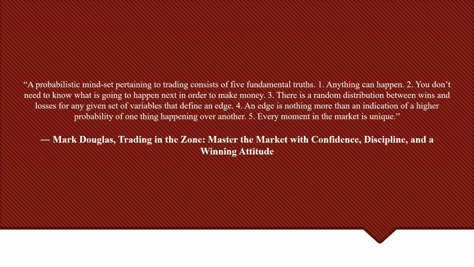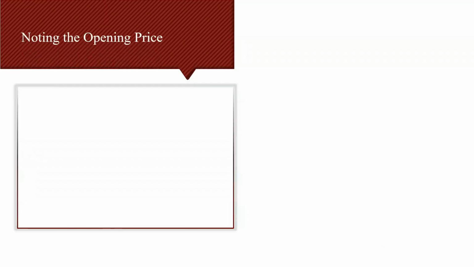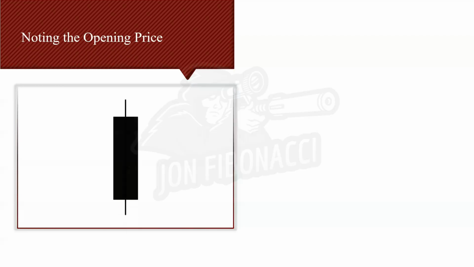All right, so noting the opening price. This is a hypothetical candle, and you guys know that my charts are black and white. And so the white candle means that it's going higher. That means the candle has a closing price higher than its opening. And the black candle means the price is going down, which means the price closed below the opening price.